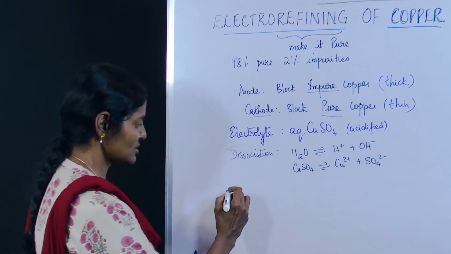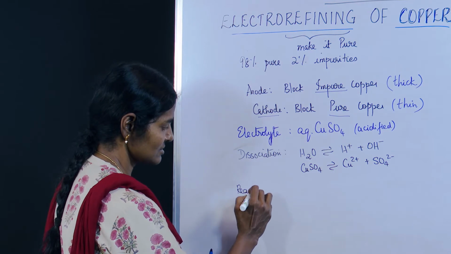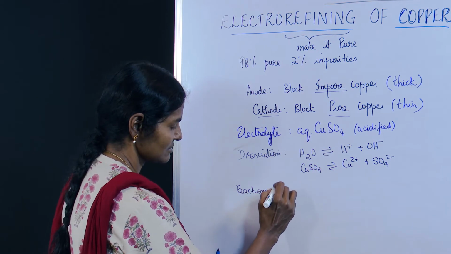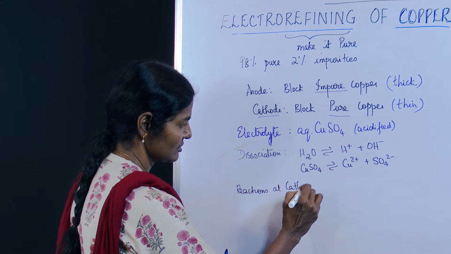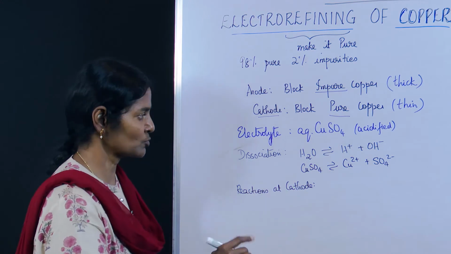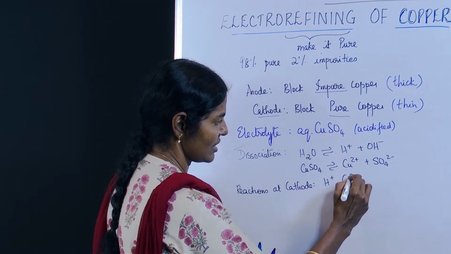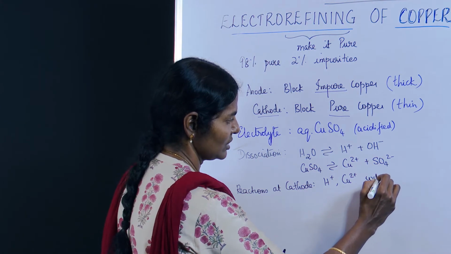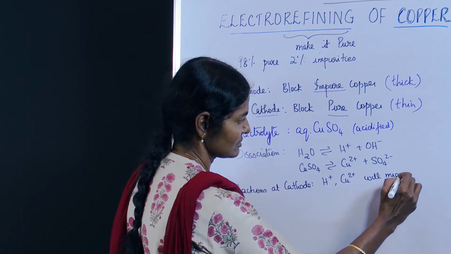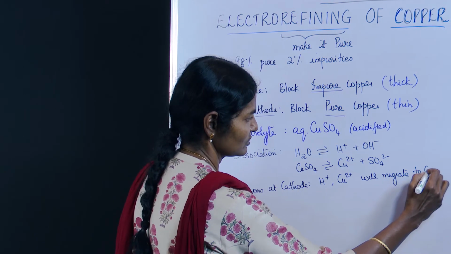Now let's go to the reactions at cathode. The cations will move towards cathode, which means hydrogen and copper will migrate to cathode.